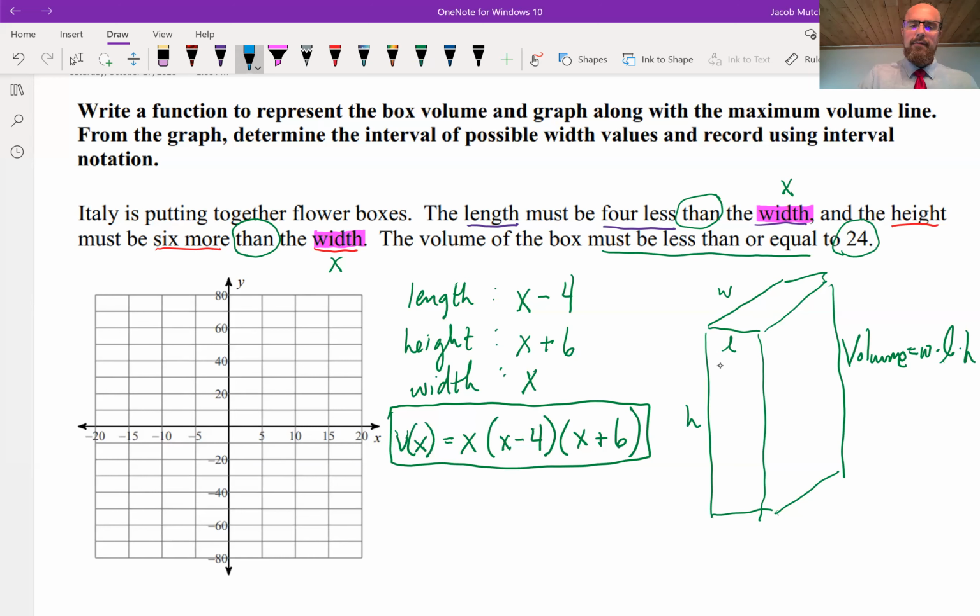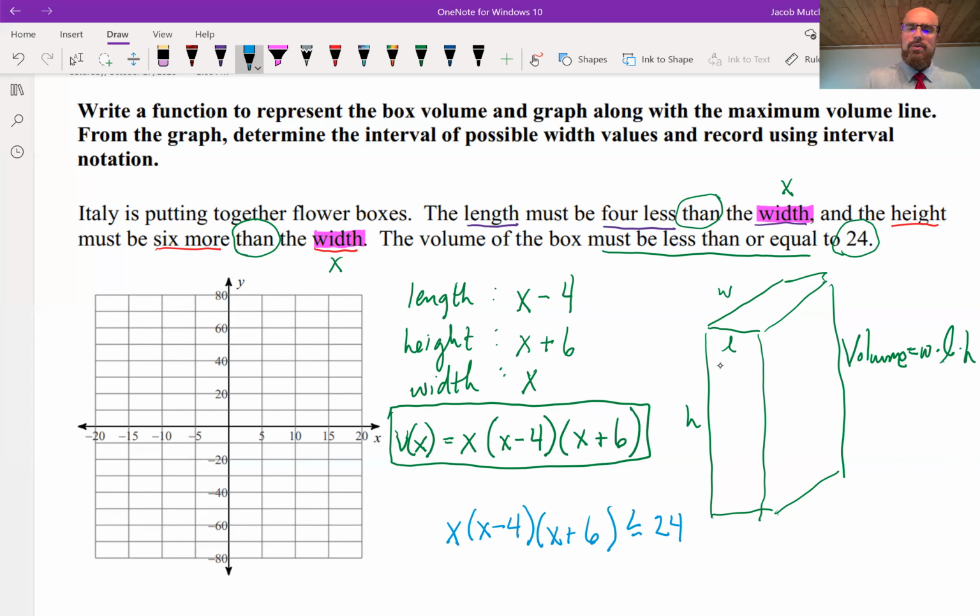So we'll graph the function separately, but what we're really trying to ask is, where is this function for the volume, so x times x minus 4 times x plus 6, less than or equal to 24? That is the inequality really that we're trying to solve.